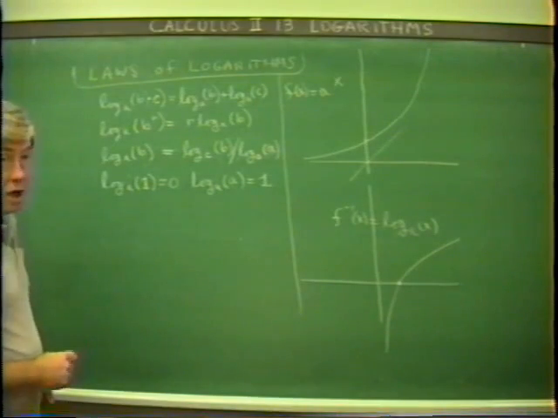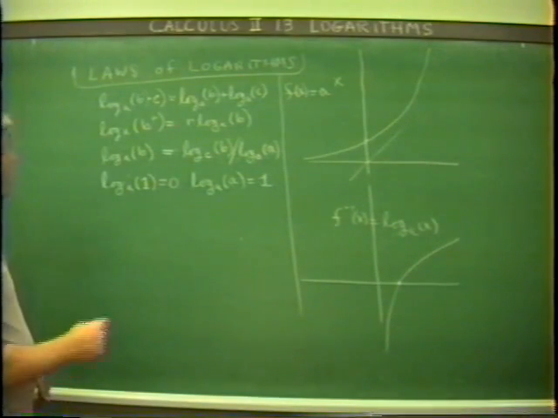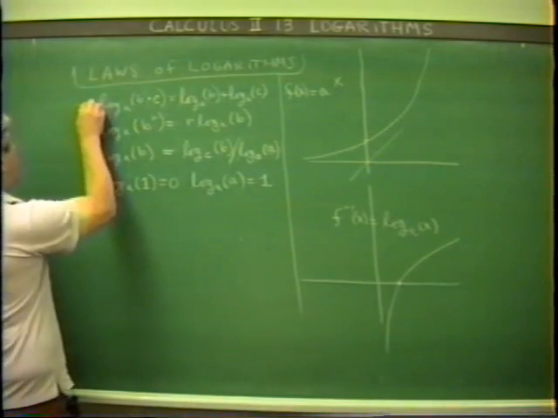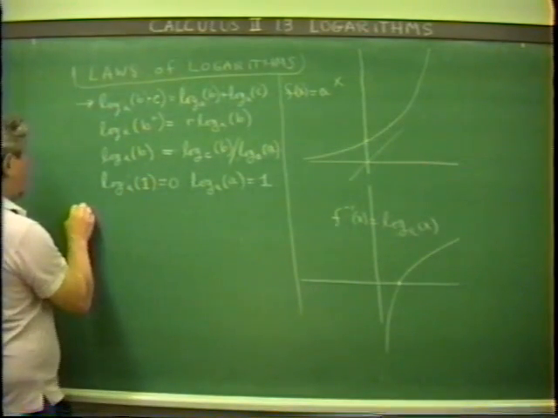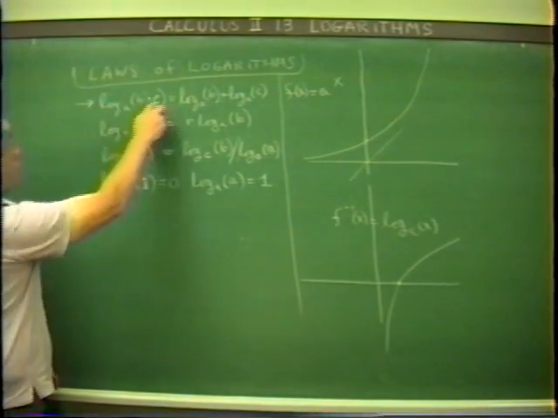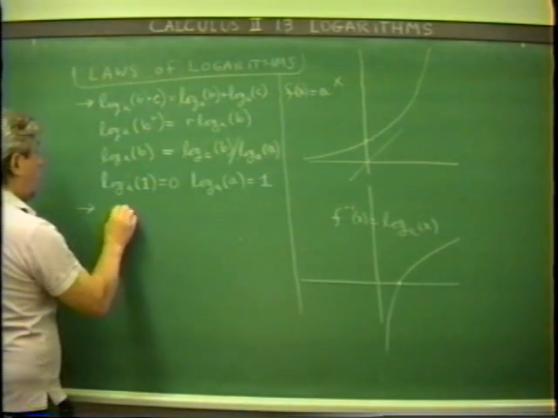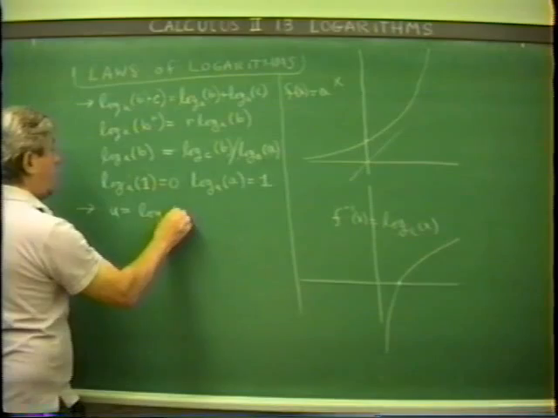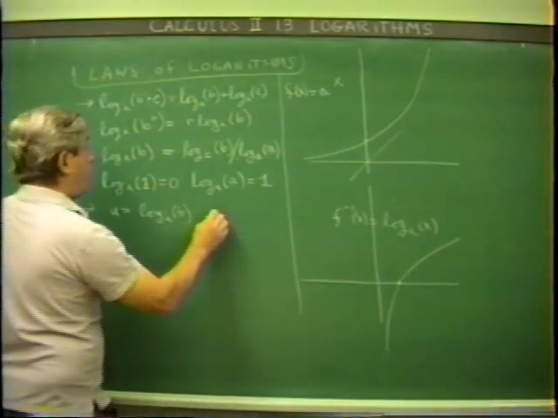These laws for logarithms follow from the laws for exponents, and let's take a look at how this occurs. Let's take a look at this first one, for example. To see that this holds, let u be equal to log to the base a of b.